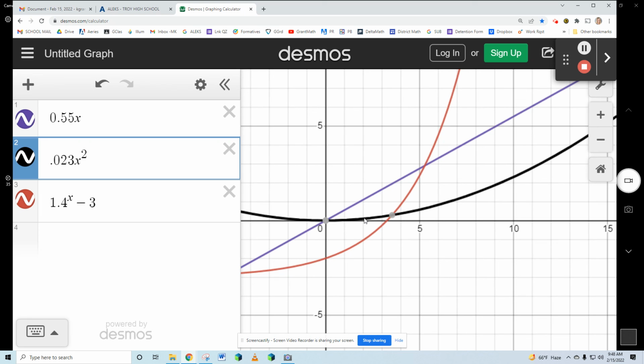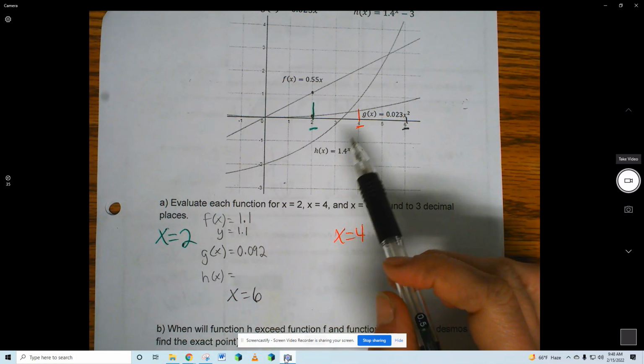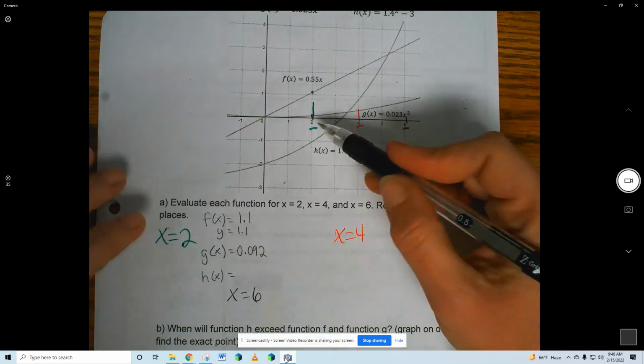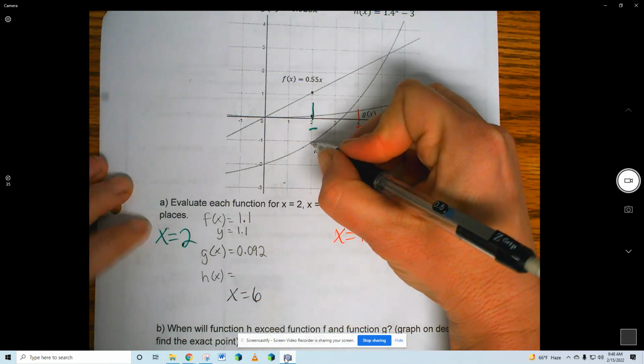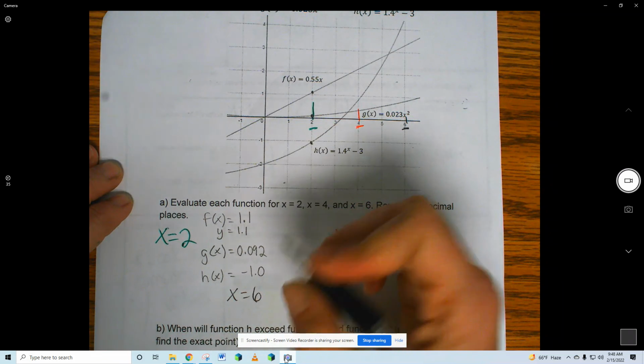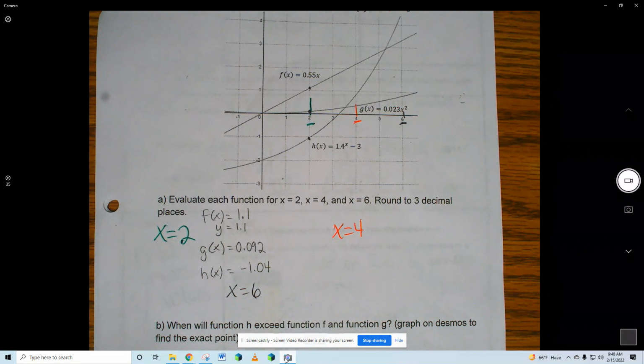What about the h of x? Go to 2 on the third line. What color is it? Green. Go down to green. What's this? Negative 1.04. Okay. Please click on it so you know how to find these, because I just modeled x equals 2 for you. You have to do x equals 4 and x equals 6.